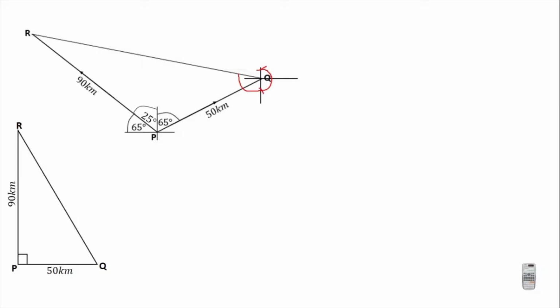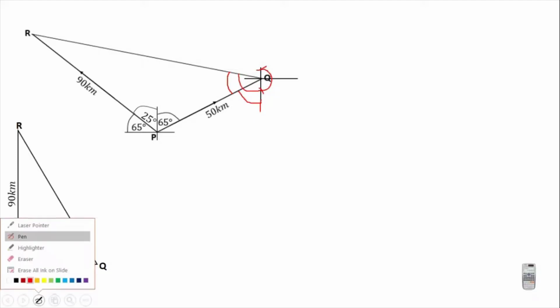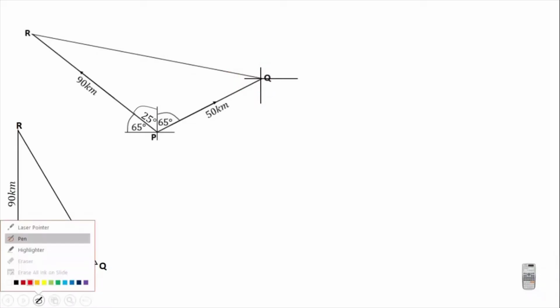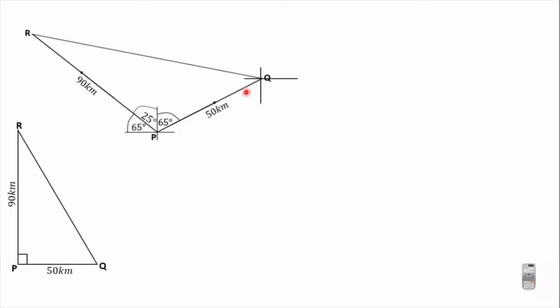So what we need to find is this angle here and this angle here. If you're able to find those two angles, you add them to 180 degrees to get the bearing of town R from town Q. So let's work on finding the first part, which is this angle here.